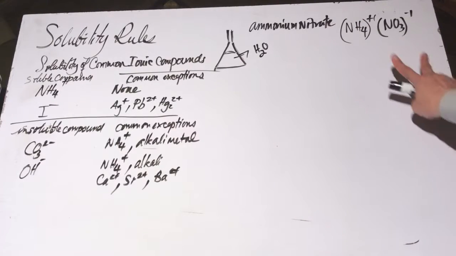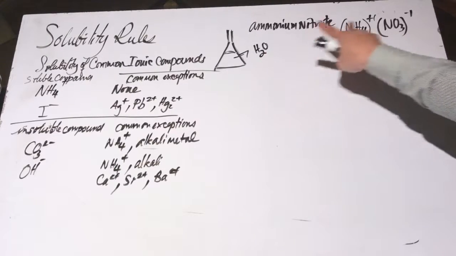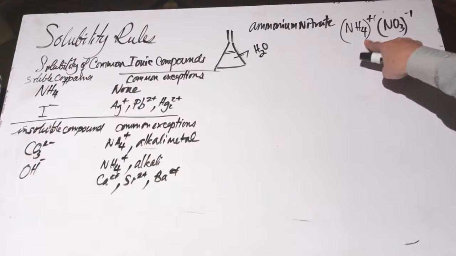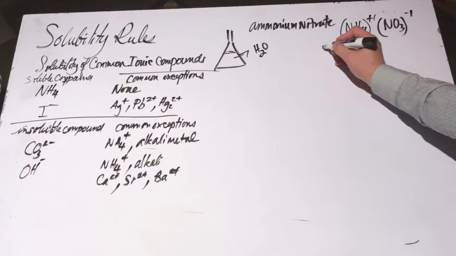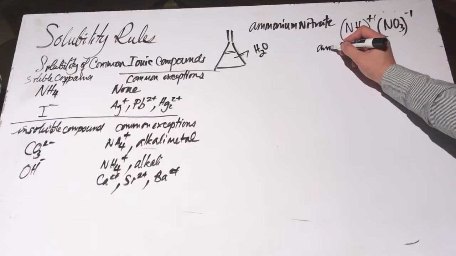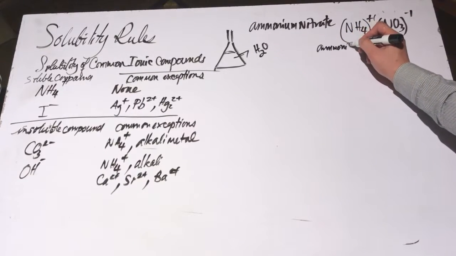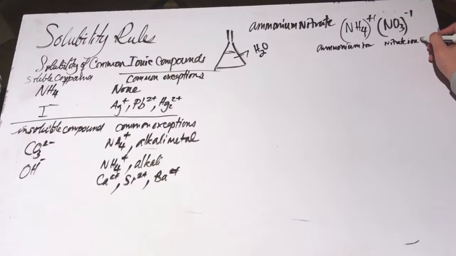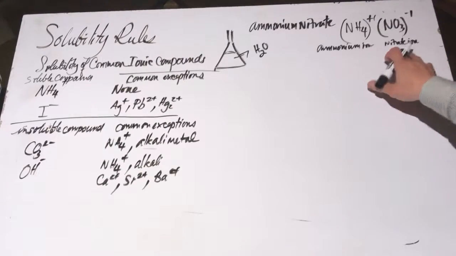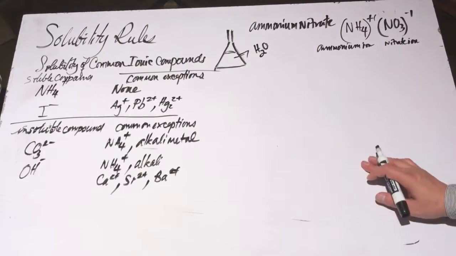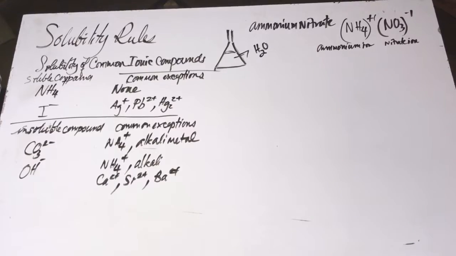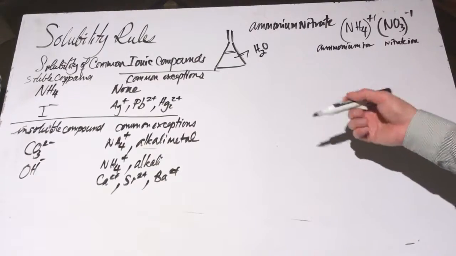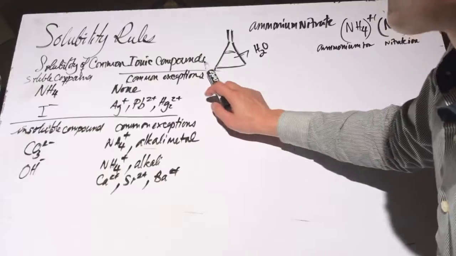Basically, these are two different ions. When they dissolve in water, they become ammonium ions and nitrate ions. So they have two different ions when they dissolve in water. First, we're going to see what the solubility of the common ionic compound is.